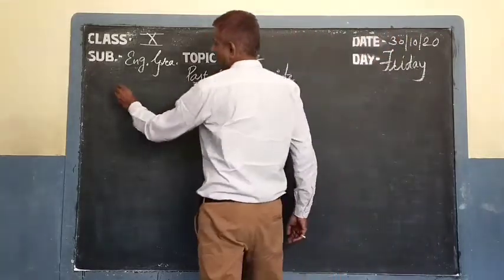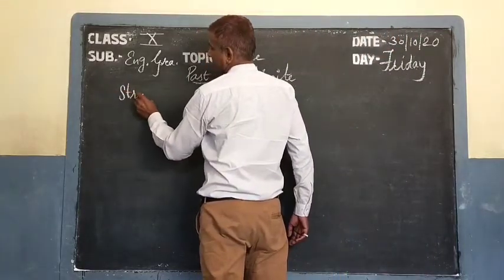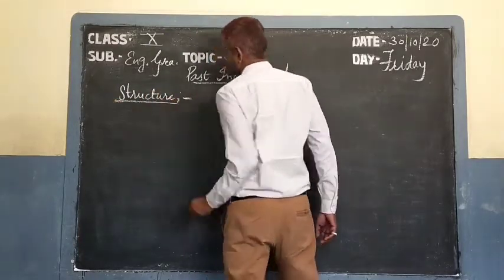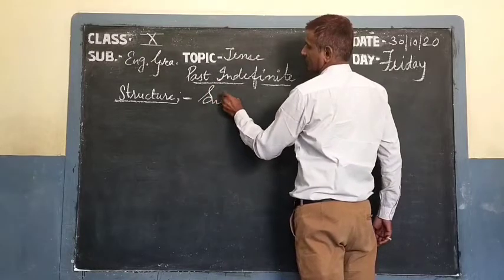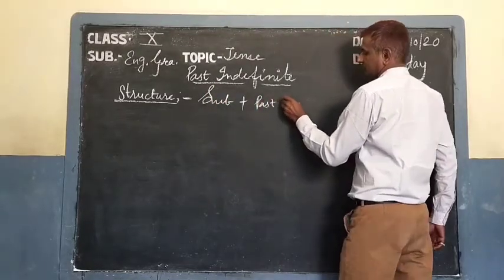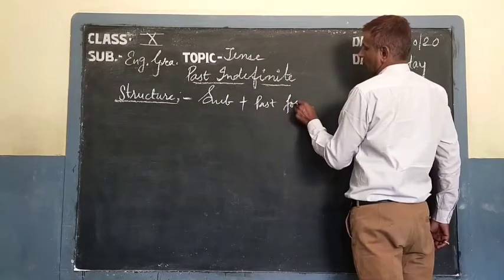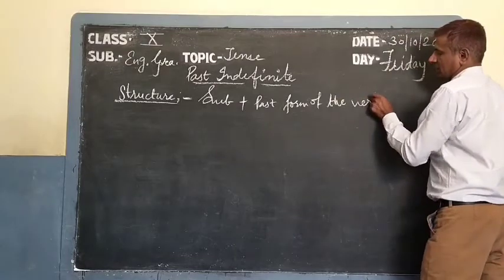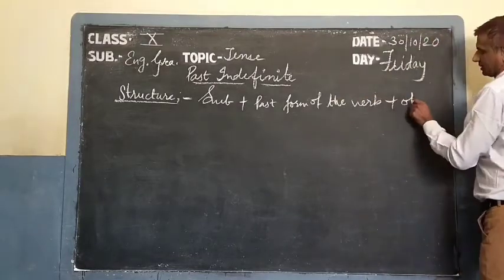First of all, we start with the structure. The structure of past indefinite is subject plus past form of the verb and object.